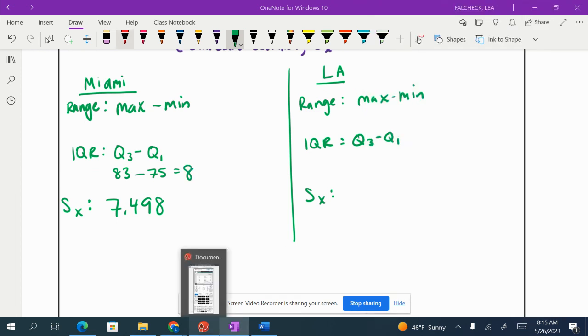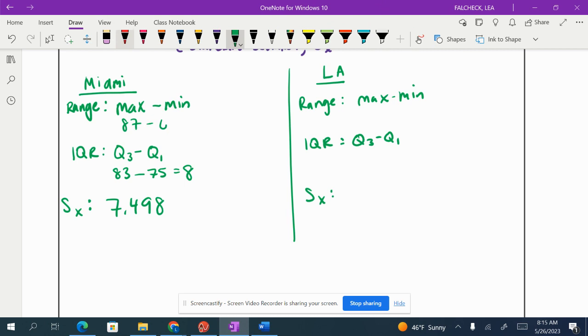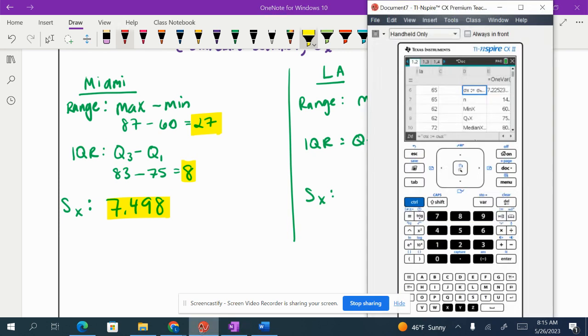And then our range. We're going to want to do max 87 minus the min 60, and that's going to give us 27. So we've got a range of 27, an IQR of 8, and a standard deviation of 7.498 for Miami. Let's go ahead and take a look at LA's information.